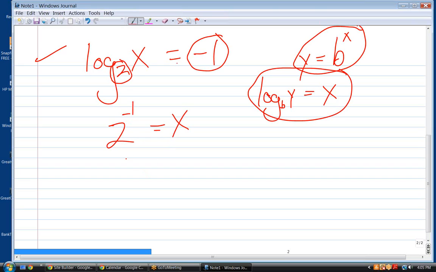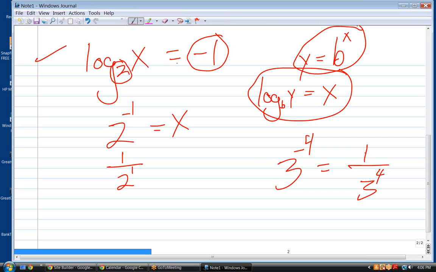What's 2 to the -1? Well, I should know this, but I don't. It's 1 over 2 to the 1. Whenever you have a negative exponent, in other words, 3 to the -4 equals 1 over 3 to the 4. It's as straightforward as that.